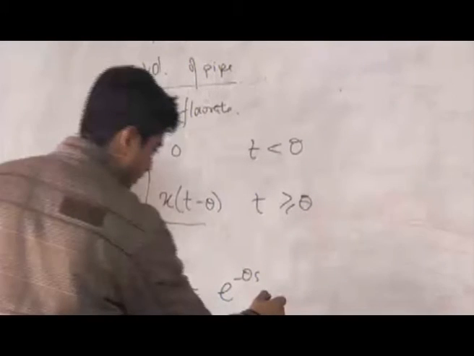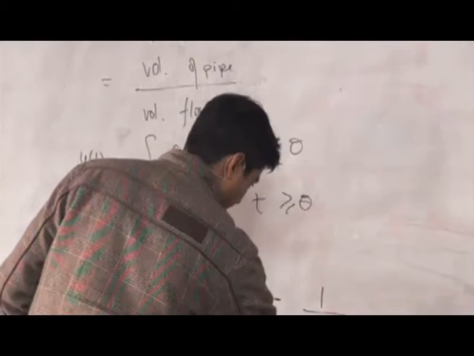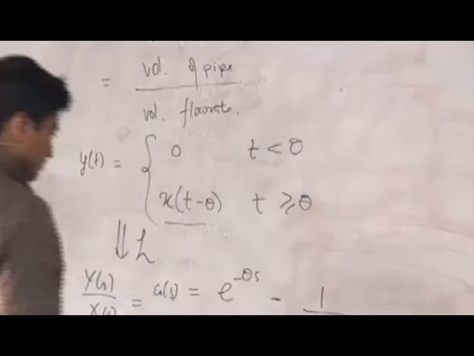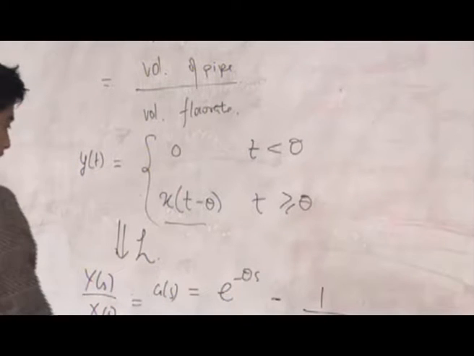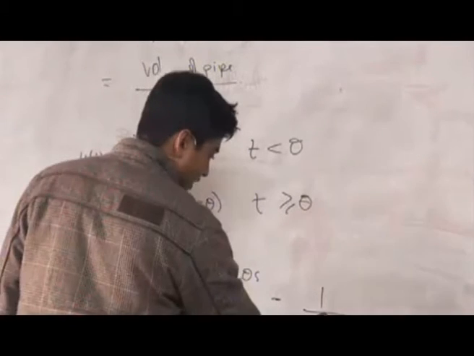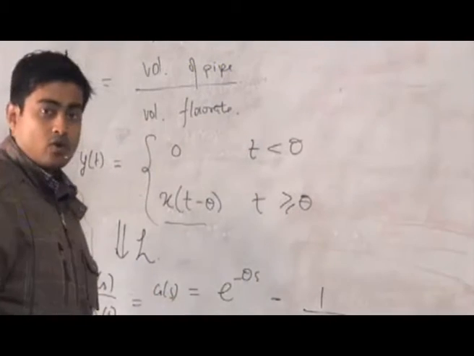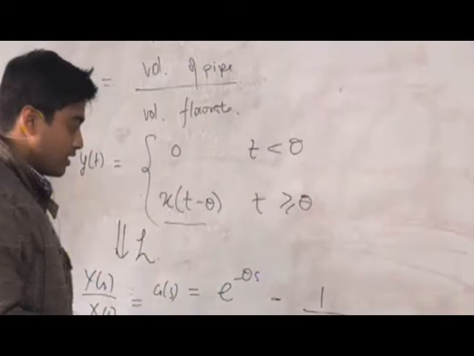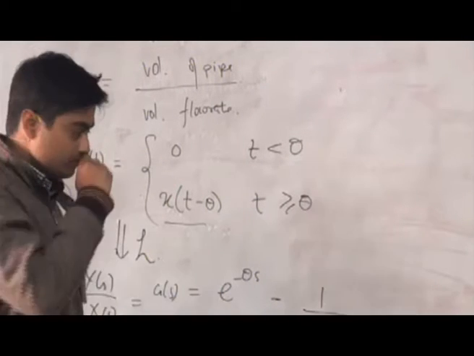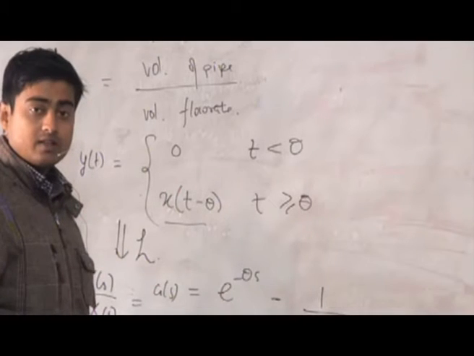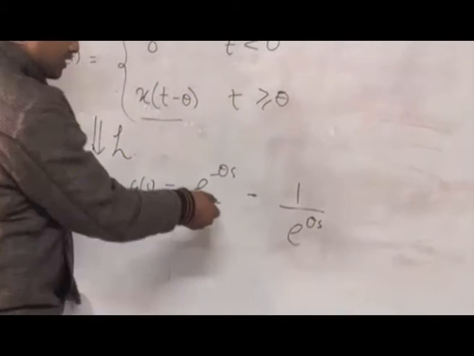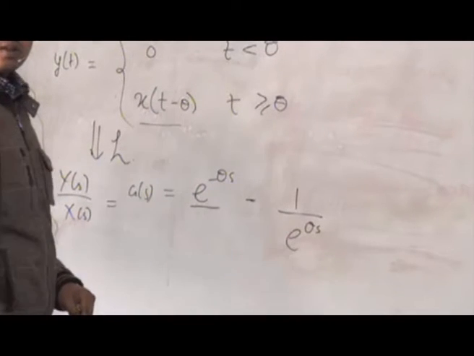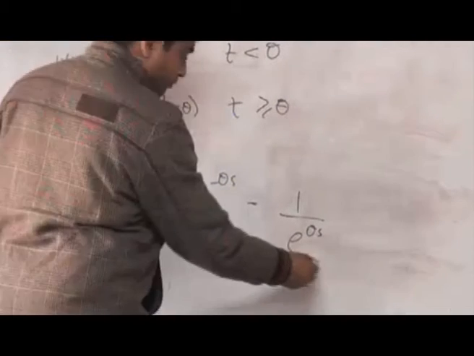You could also write this as 1 over e to the power theta s. This is a different transfer function from what we have been considering so far. It is neither a first order system nor a second order system, and we don't know whether to consider it as just a zero or just a pole.